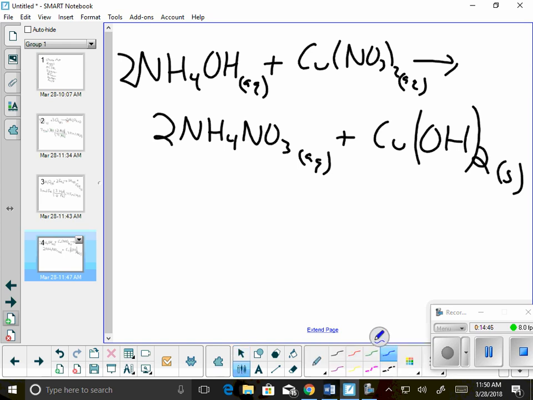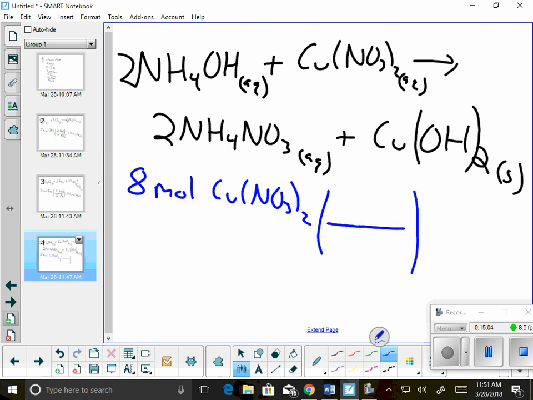If I look back at the question, it gives me 8 moles of copper 2 nitrate to begin with. It wants me to solve for how many moles of ammonium hydroxide. There's 2 of the NH4OH for every 1 of the Cu(NO3)2.